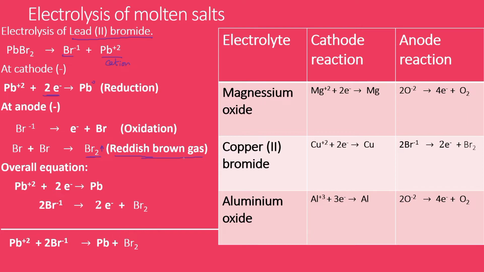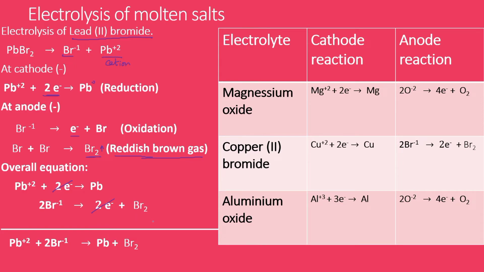And as you can see at the anode, bromide ions are losing electrons, and loss of electrons is oxidation. All right, so the process of oxidation occurs at the anode. And then you can also balance the number of electrons and write the balanced overall equation for molten lead bromide.